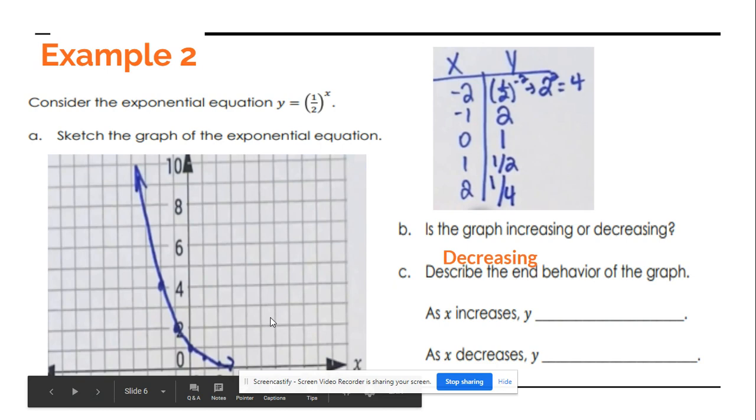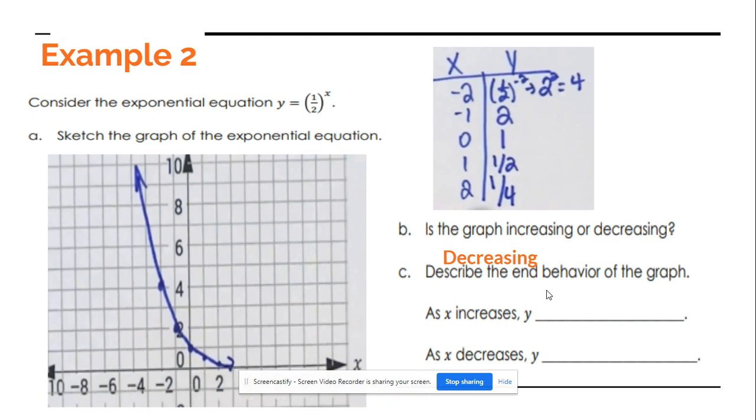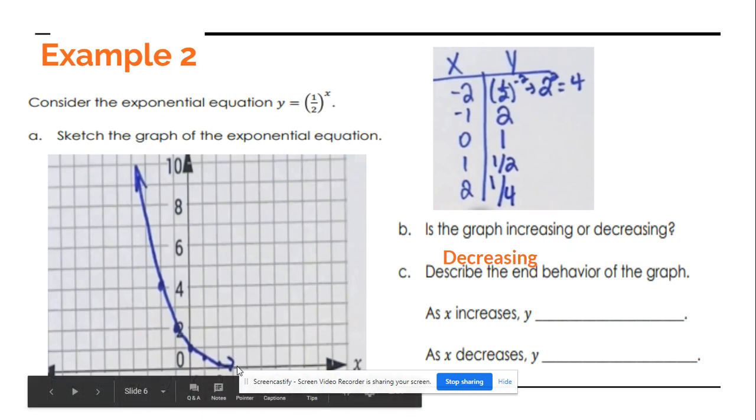They are going down. This graph is starting high and going down, so it is decreasing. When we talk about end behavior, and that's a new vocabulary expression for us, that's talking about the ends of the graph that we can see. So what's happening as you move towards the arrows on either end?